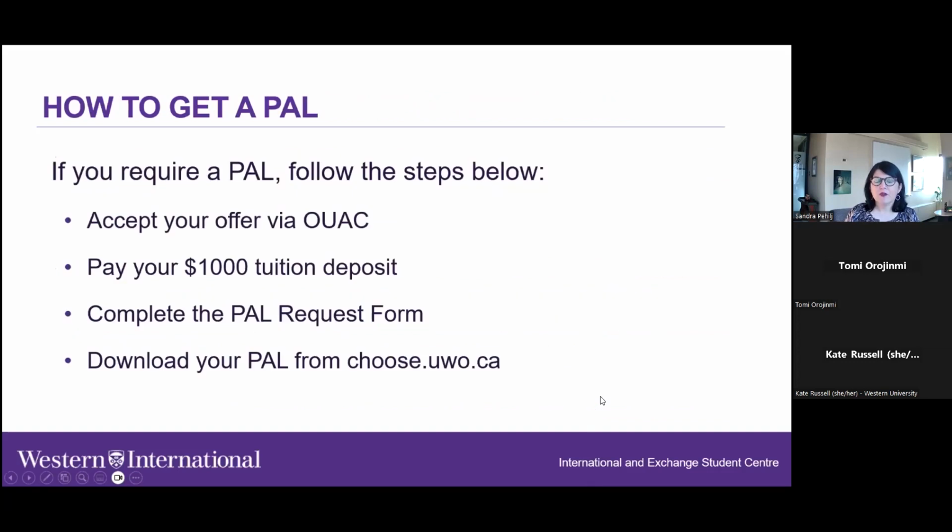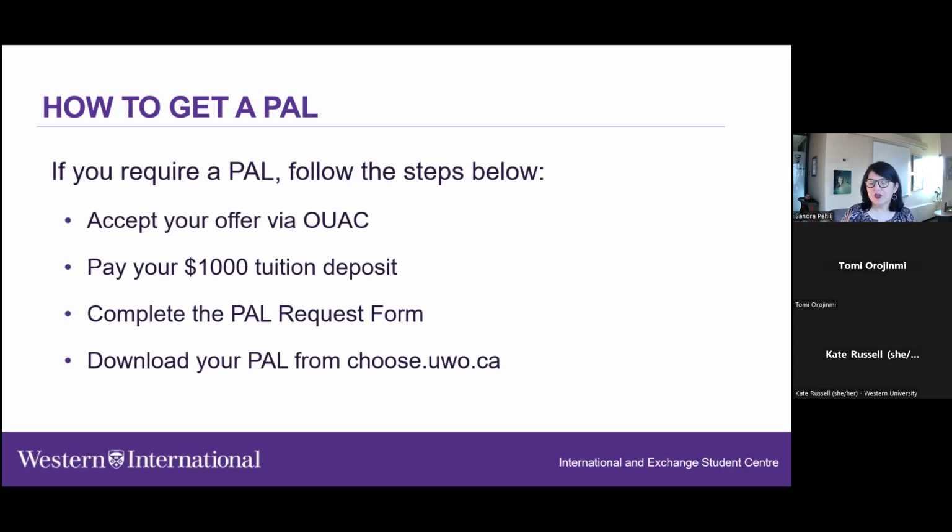permit. So now in terms of the provincial attestation letter, which is very important, you need to know that you need to accept your offer via OUAC. You need to pay your $1,000 tuition deposit to Western. You need to complete the PAL request form, and then you will be able to download your PAL from choose@uwo.ca.